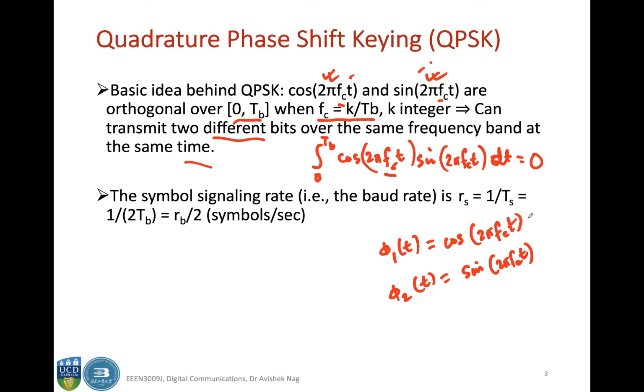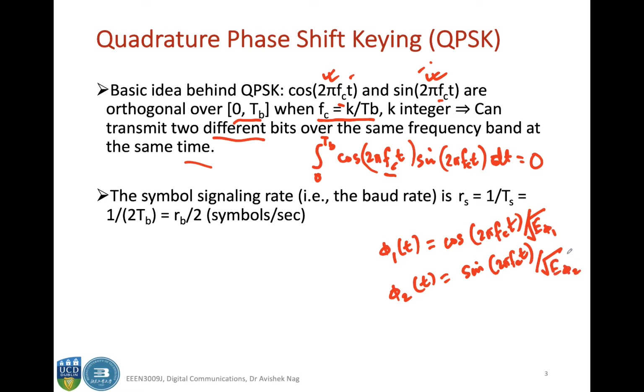Basically you have to normalize these. So phi 1(t) is actually cosine 2 pi fct divided by the square root of the energy of phi 1, and the same should happen for phi 2.